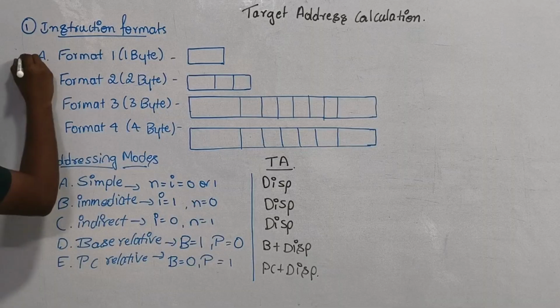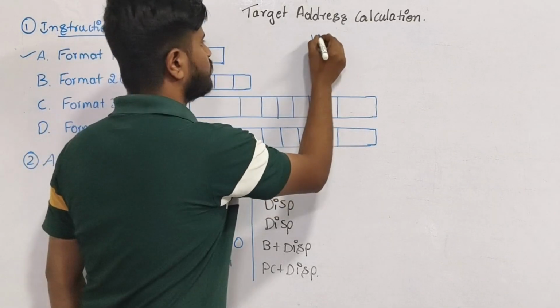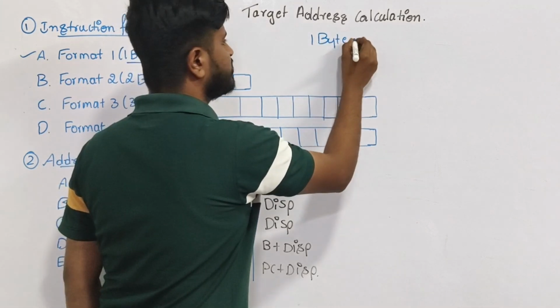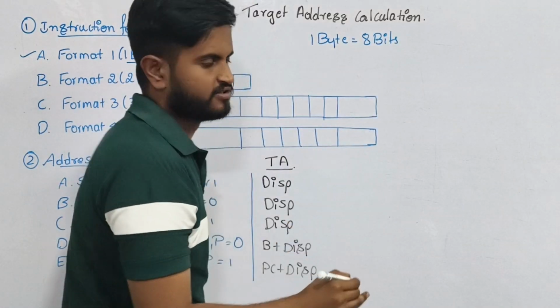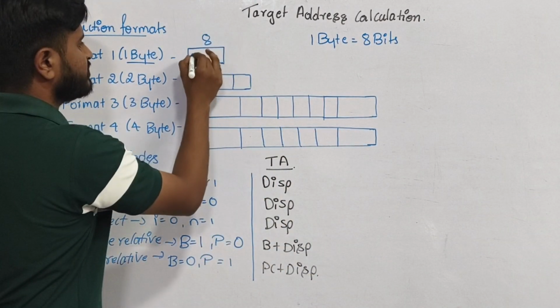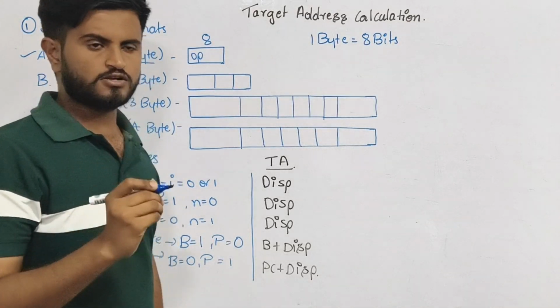First one is format 1, which is of 1 byte. All of us know that 1 byte is equal to 8 bits. So here the complete 8 bits will be occupied by the opcode, or operational code.